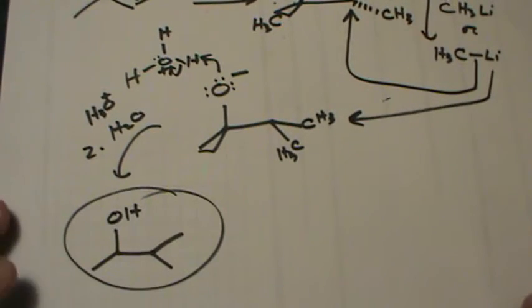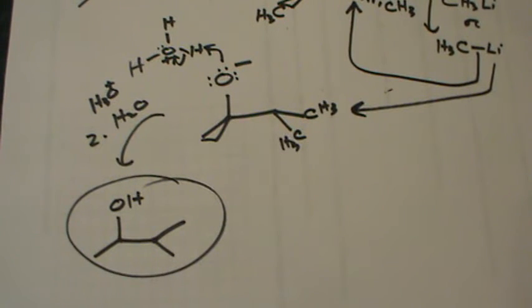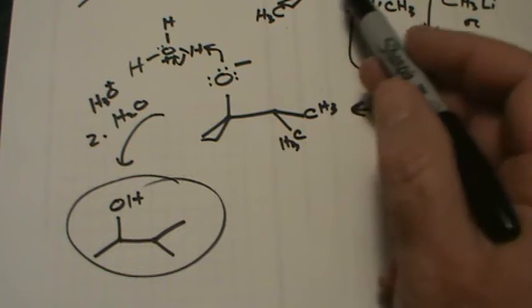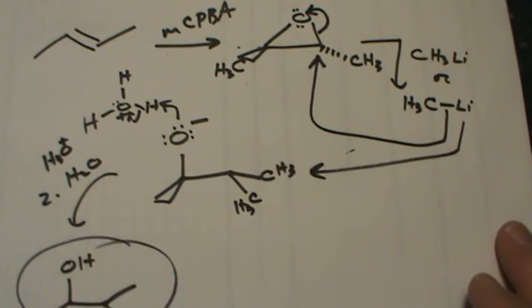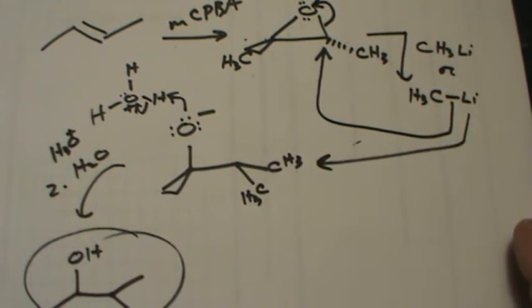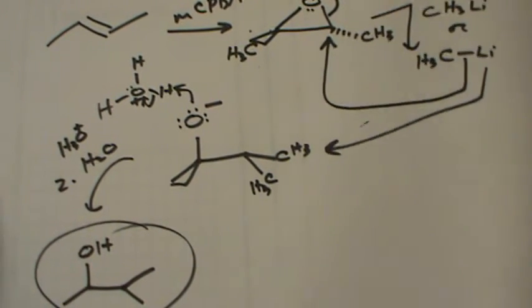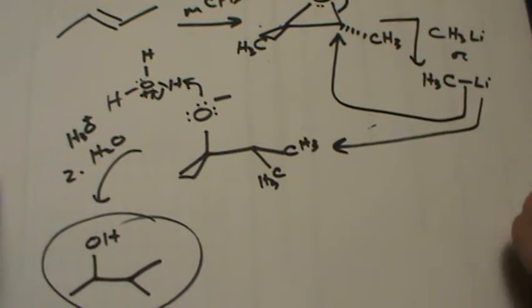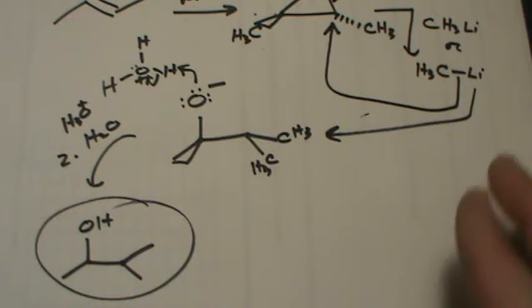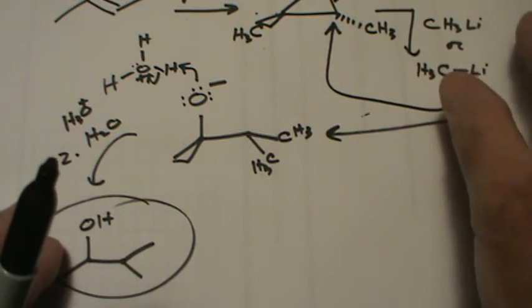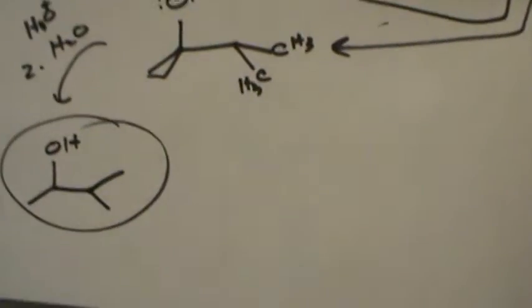So in this particular case, we've produced an alcohol by reacting the oxirane with an organometallic, and we could do essentially the same reaction with a Grignard reagent, giving rise to the very same product. So the moral of the story is that oxiranes, once formed, are susceptible to nucleophilic attack, and it can be all different sorts of nucleophiles that are attacking. So those are some very important reactions of oxiranes or epoxides.